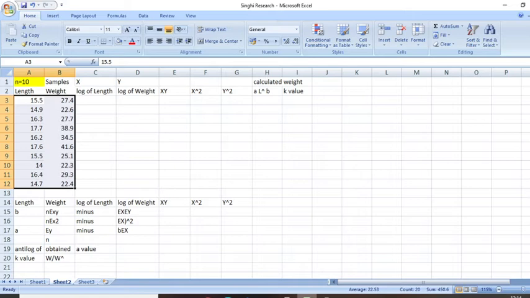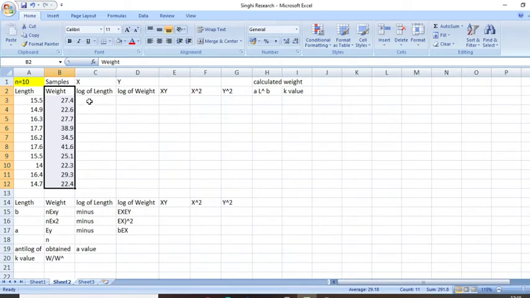So now here we have taken 10 samples of Singi, that is Heteropneustes fossilis. So now we will calculate one by one. Here we have given length of 10 fishes and corresponding weight of the same species.